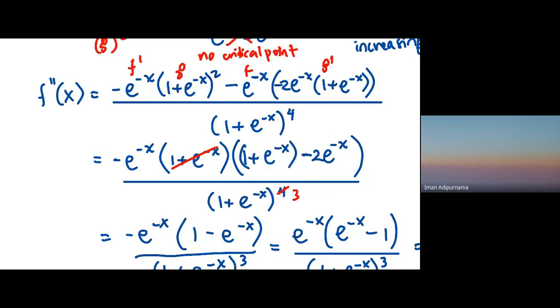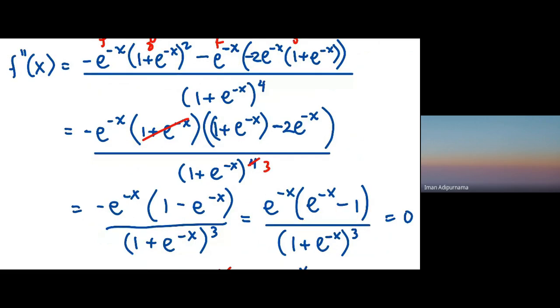And then it's up to you whether you want to write negative like this or positive and switch this, because I don't like having negative in the front, so I switch to positive. It's the same thing here. And that's why the second derivative is this.